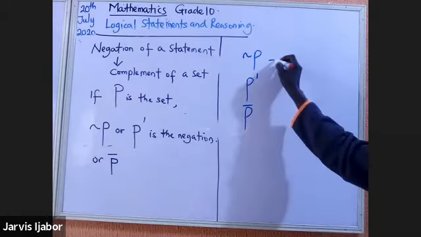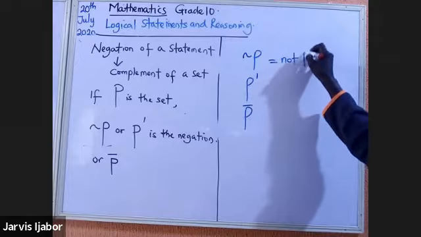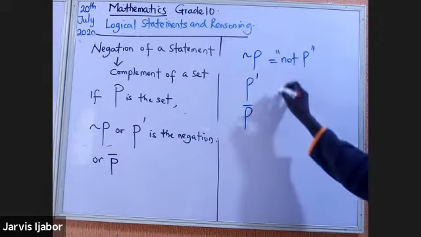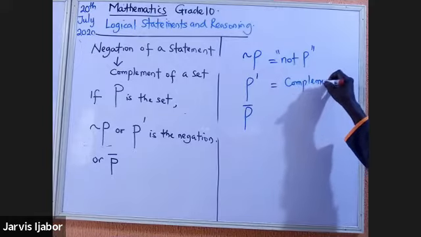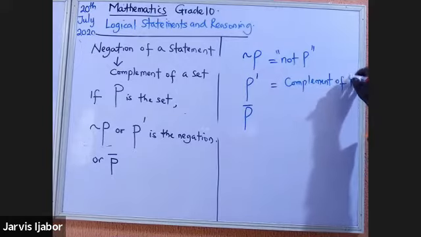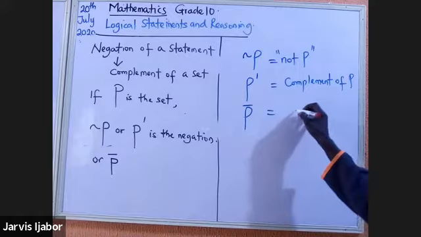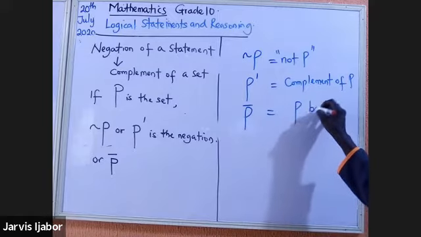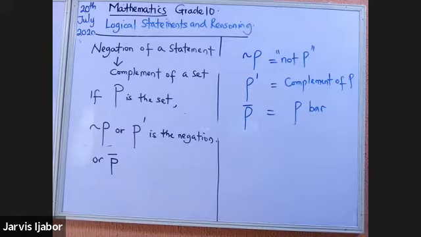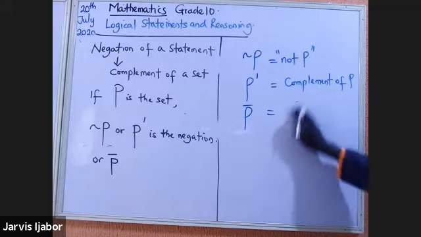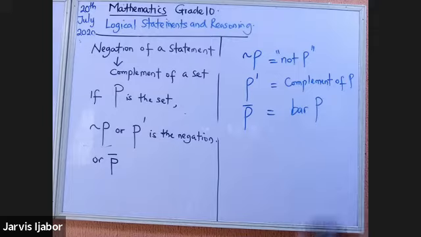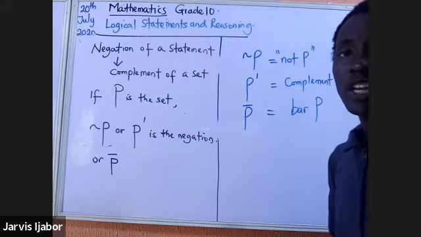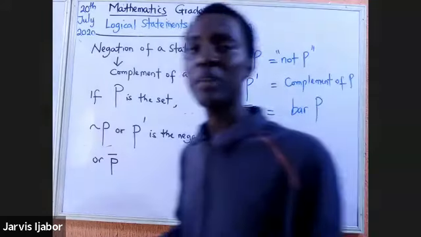The first one means not P. The second one means complement of P. And the third one means P bar, or some books will say bar P. But the beautiful thing here to take note of is that all three mean the same thing.